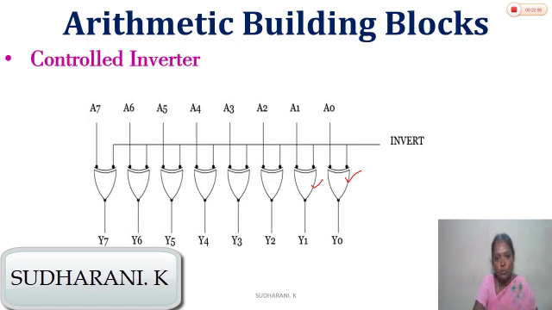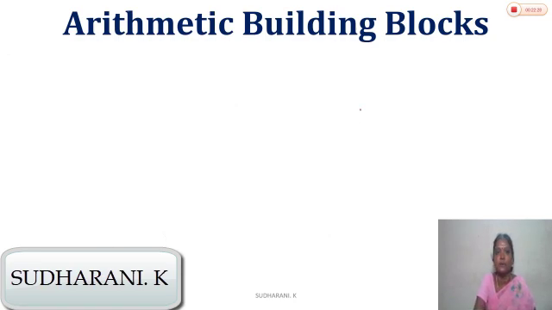So output Y will be A if control signal invert is equal to 0. Output Y will be equal to A complement if invert is equal to 1. This is what the controlled inverter is.